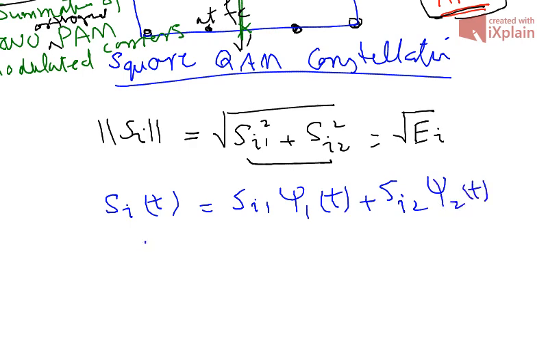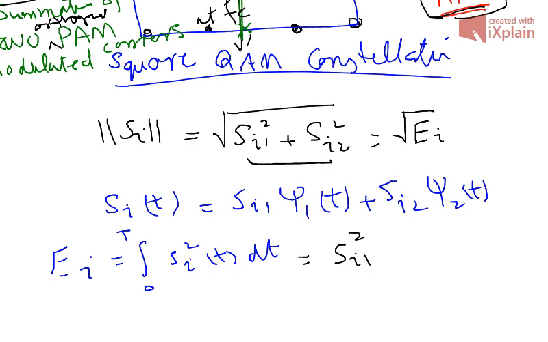And when you square and integrate s_i(t) squared dt from 0 to T, which is the energy of this signal E_i, you just end up with s_i1 squared plus s_i2 squared. I proved it in one of my previous lectures, I guess, while discussing QPSK. I proved that this is equal to this summation.